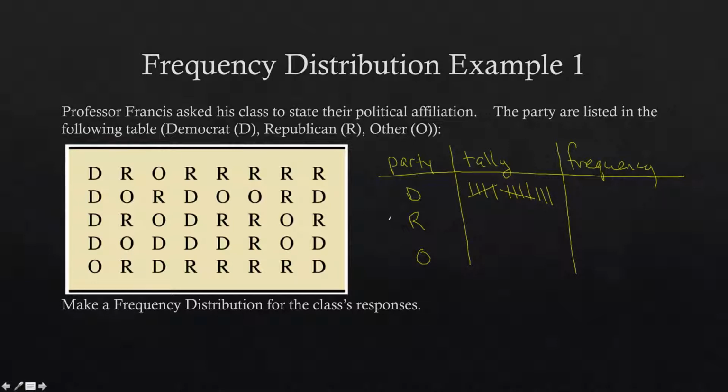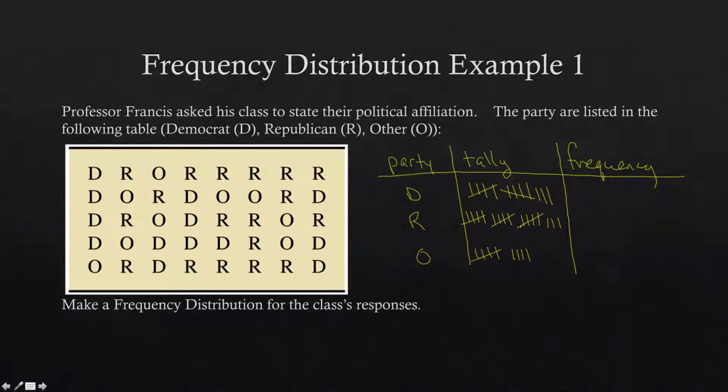Let's do the same thing for Republicans, and what you will find out is there are 18 Republicans, and there are 9 others.